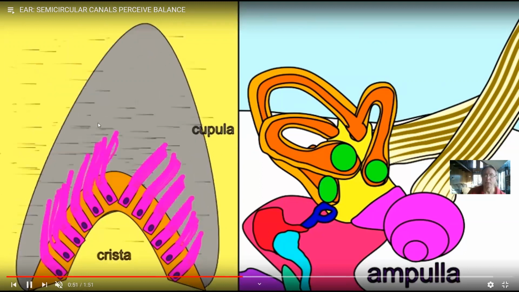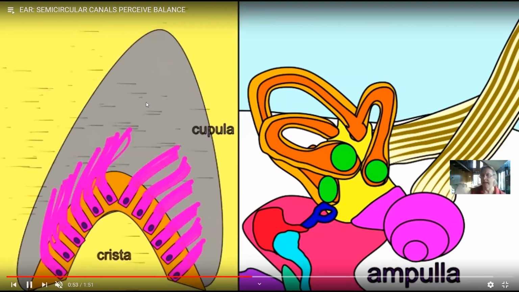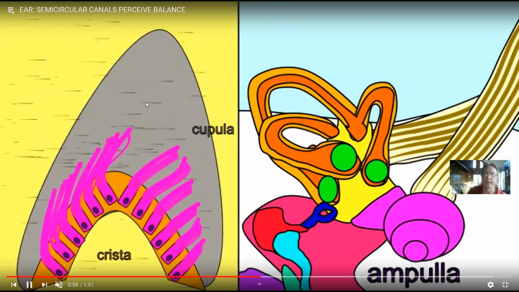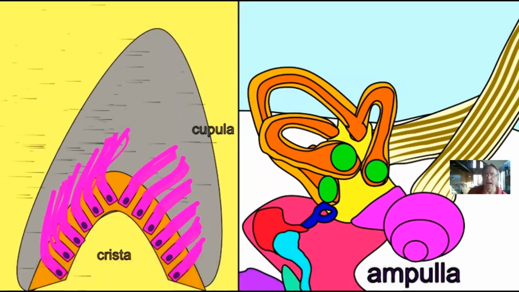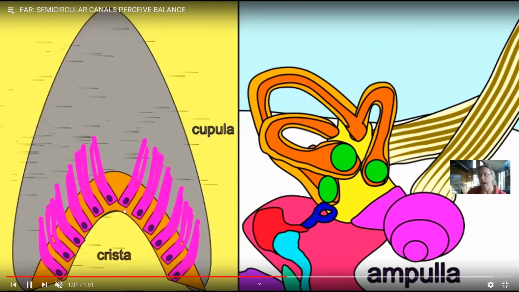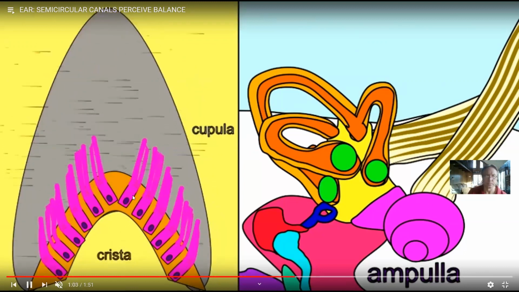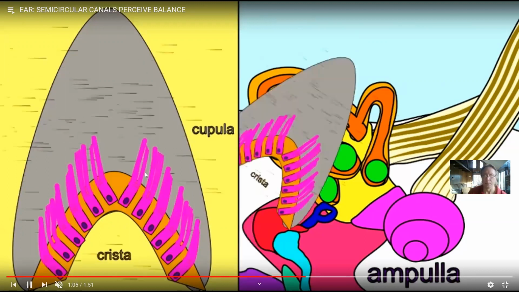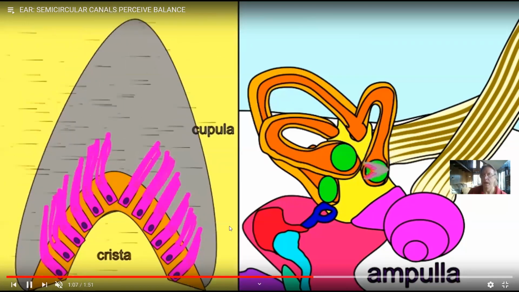And when the endolymph moves, that causes this gelatinous material to move, which then once again displaces those stereocilia and kinocilia. And so then this can tell the brain that things have moved.